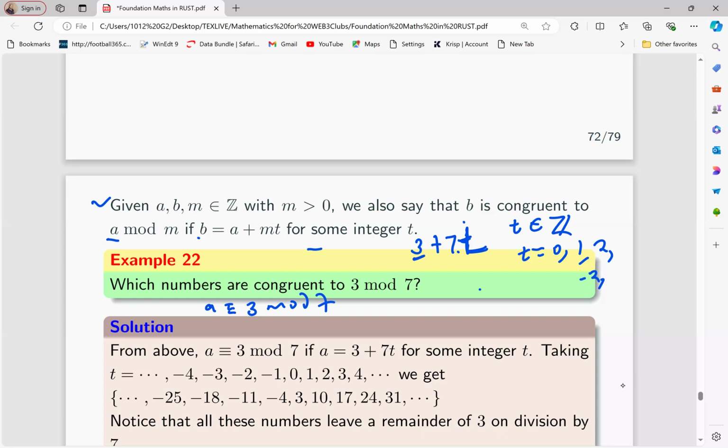So for us to find this number, we said that this A should be written in the form 3 plus 7t. Now, if you write it this way, t is 0, 1, all the way up to where you want it.